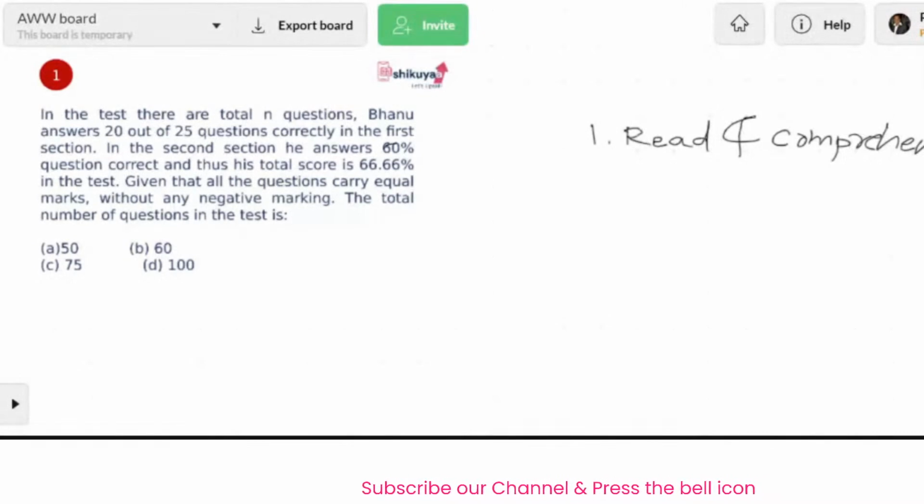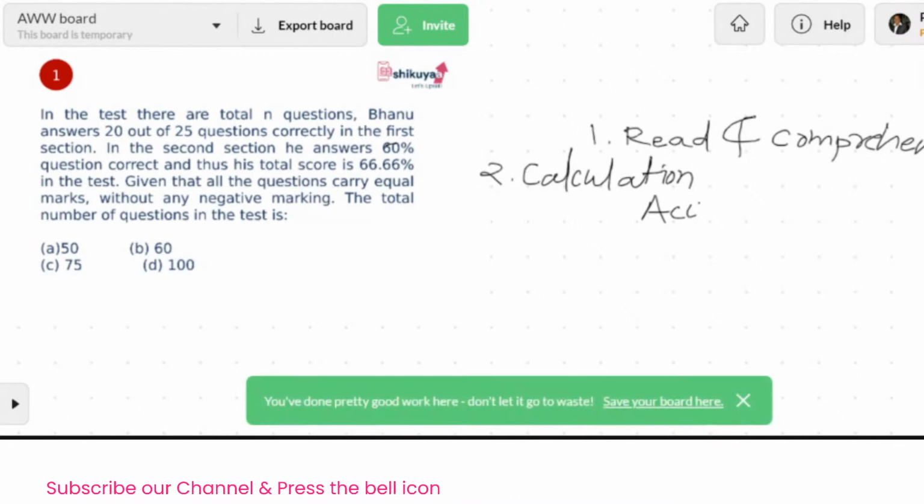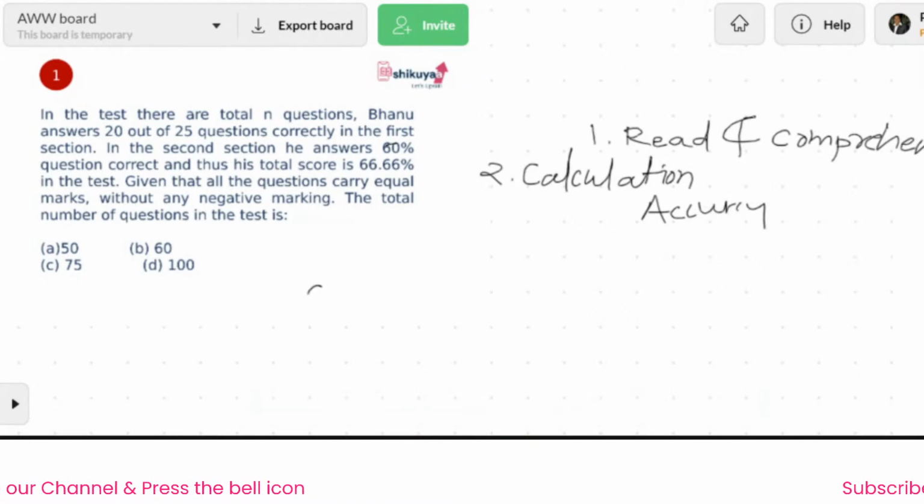The second most crucial part is you have to be very good at calculations, and most importantly, you have to have accuracy in the calculations, because you will only get around 90 seconds to solve a question.